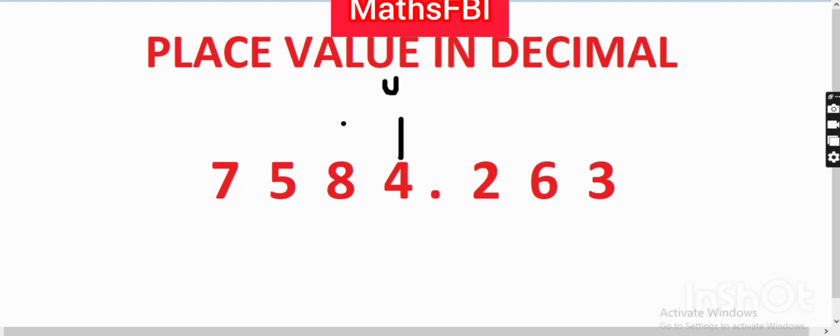And then to the left we have tens. This is tens, meaning that we have 8 tens and 4 units, making 84, right? And then further to the left, the place value of this is hundreds.